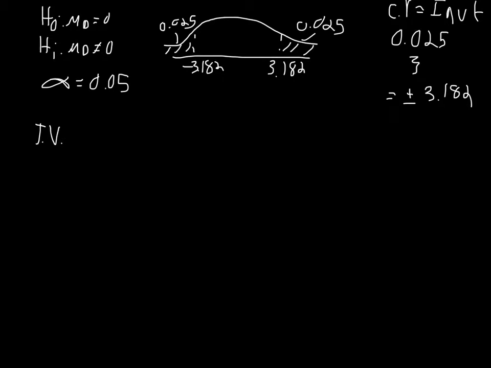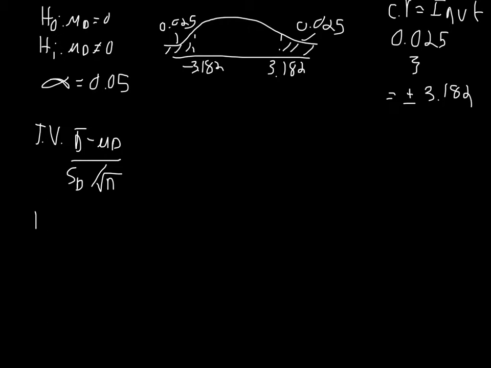The next thing we're going to do is run a test value. In this case, the formula for the test value is the mean minus the null hypothesis value, divided by the standard deviation over the square root of n.